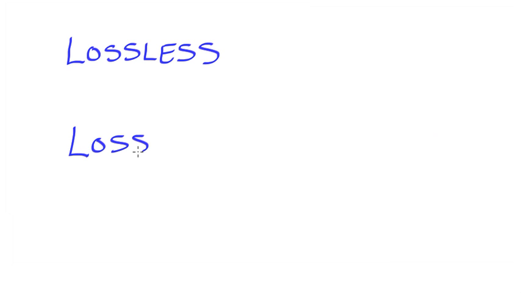All right, we can also categorize images based on their compression, and we're talking here primarily with the bitmap types of images. So we can have lossless file formats, and we can have lossy file formats. In lossless, there is no data that is discarded.